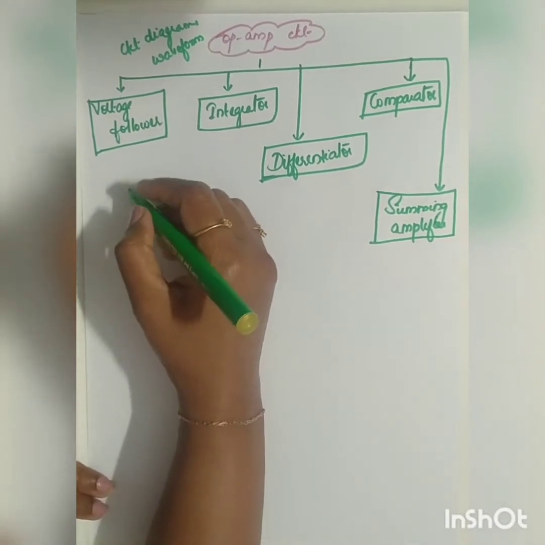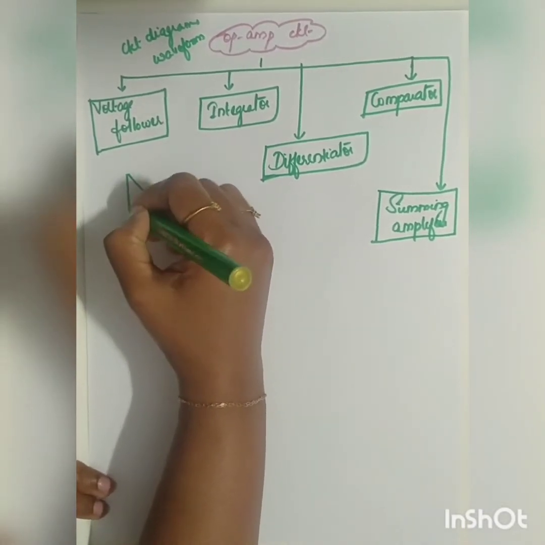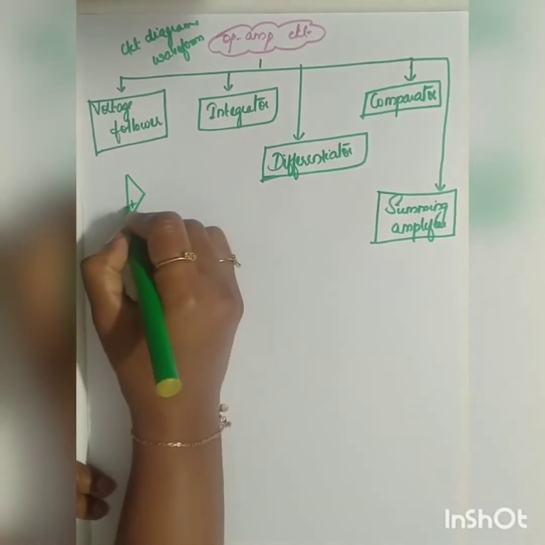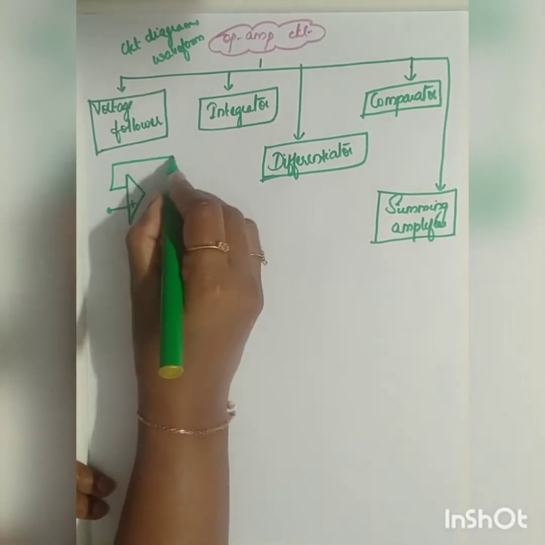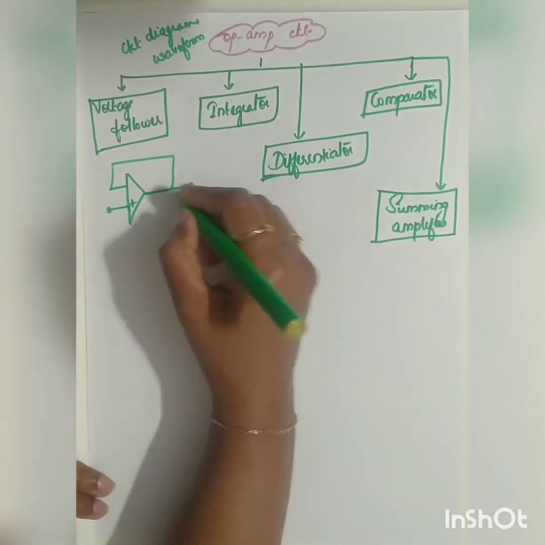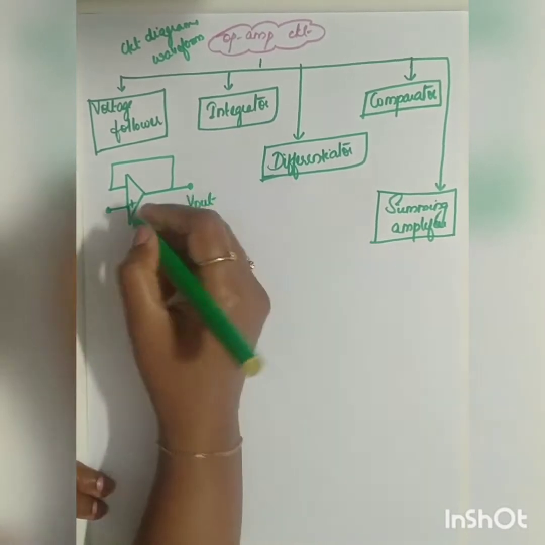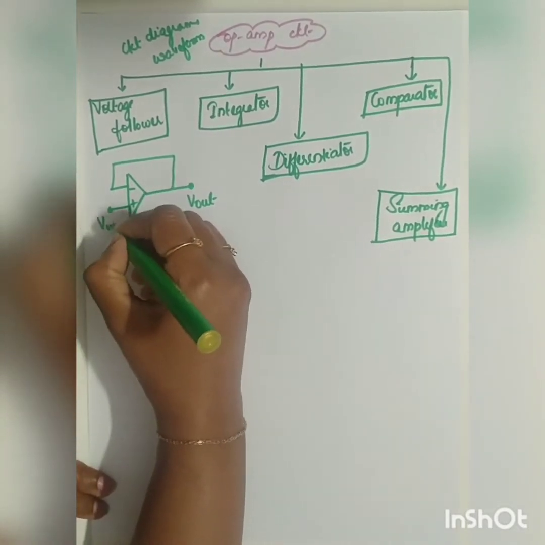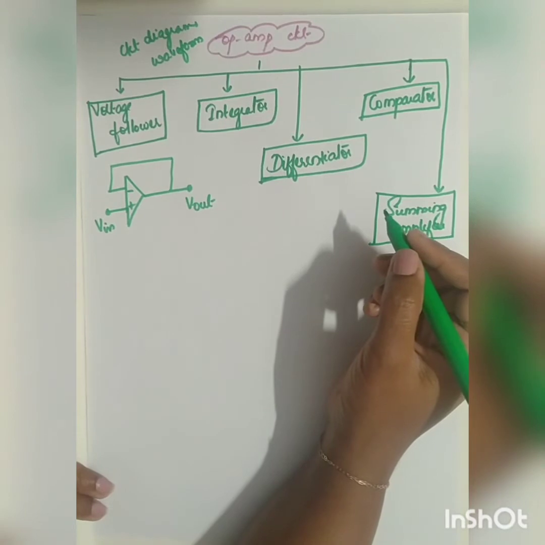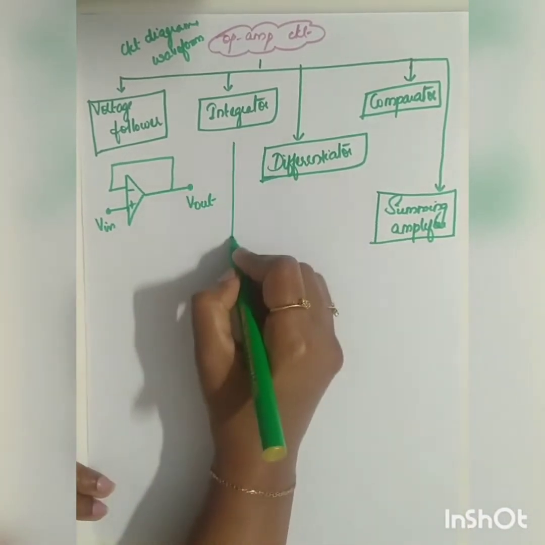The first one is going to be a voltage follower. In the case of voltage follower, the voltage from the input is given directly to the output. So V out, across the non-inverting terminal you are going to apply your input. So this is your diagram of your voltage follower.